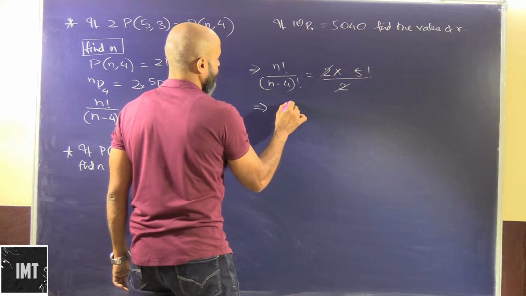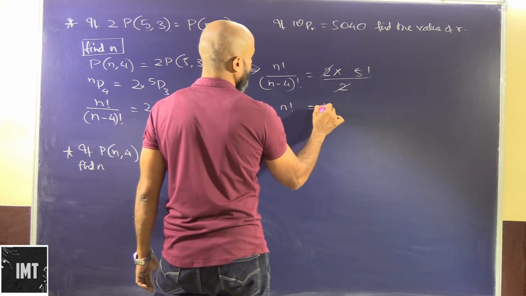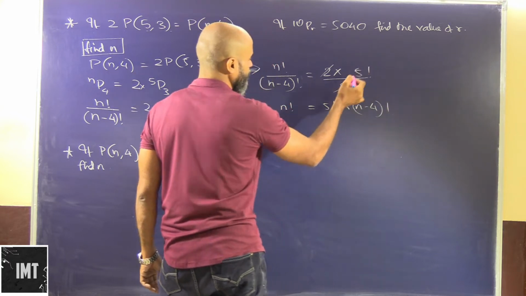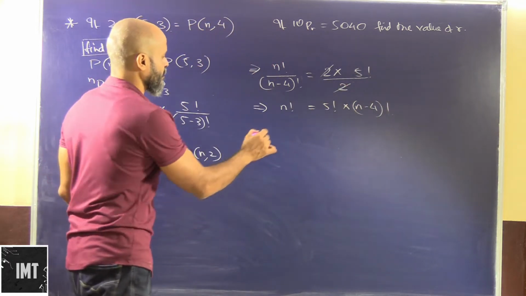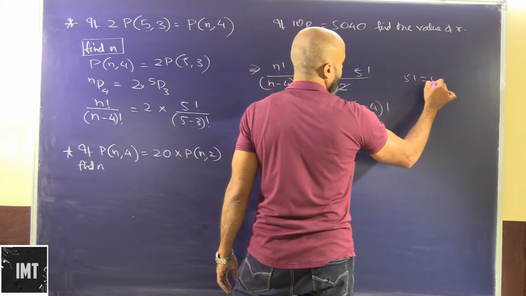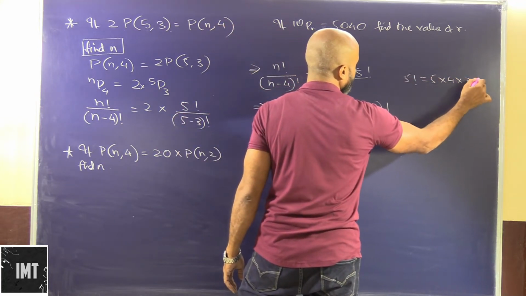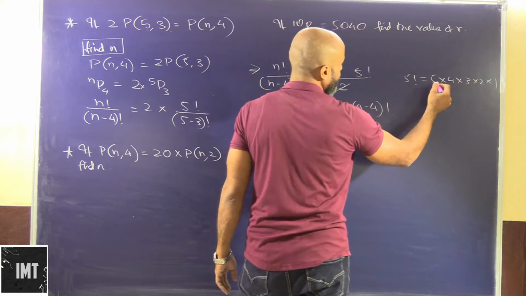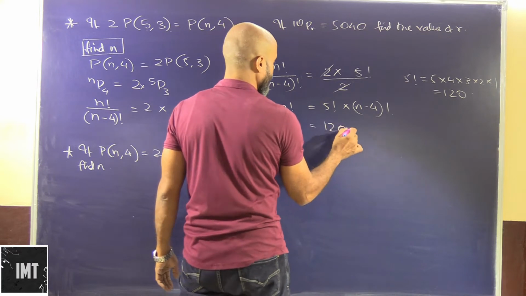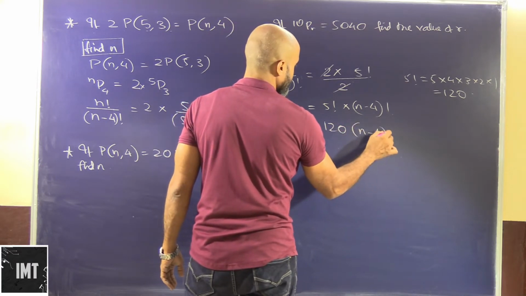So this is n factorial is equal to 5 factorial into n minus 4 factorial. Now this 5 factorial will be how much? 5 into 4 into 3 into 2 into 1. That will be 20, 20 threes are 60, 60 twos are 120. So this will be 120 into n minus 4 factorial.